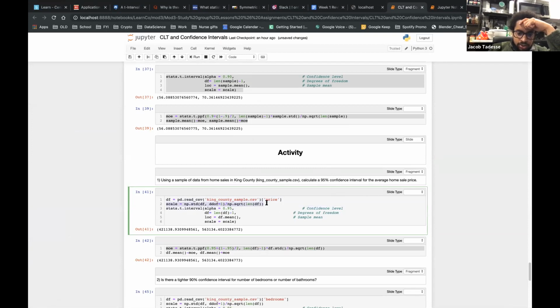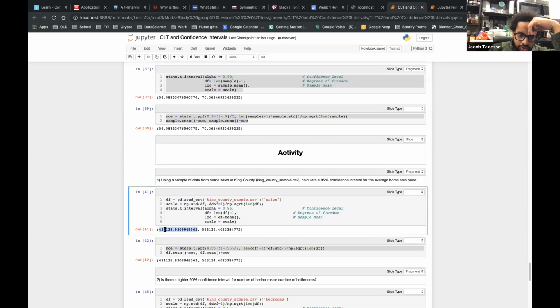We figured out the scale of that CSV, and we passed it into the interval function here, or method, using the alpha as 0.95, the length of the sample -1, the mean for the LOC, and the scale we defined here.